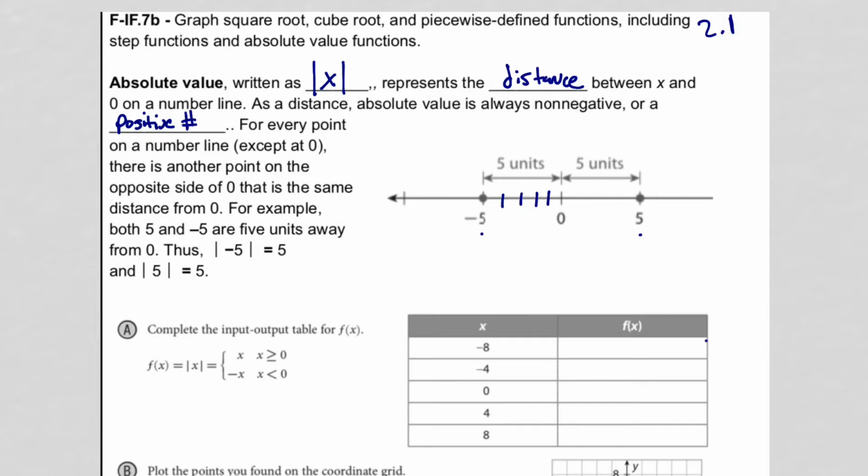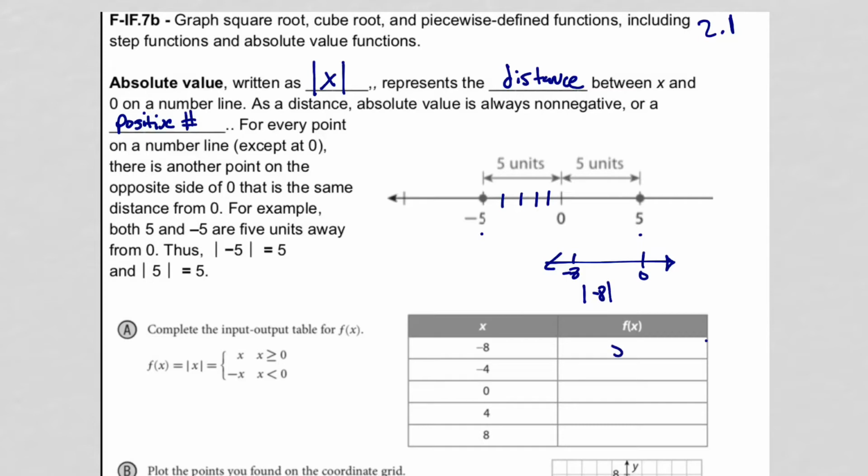Let's take a look at this table below and begin to complete the values. The absolute value of -8: on a number line, how far is -8 away from 0?